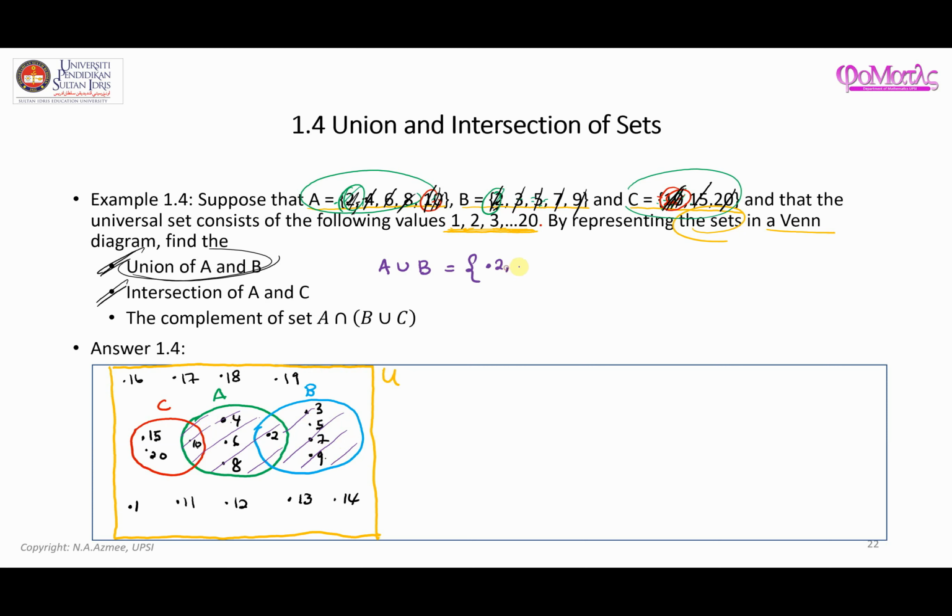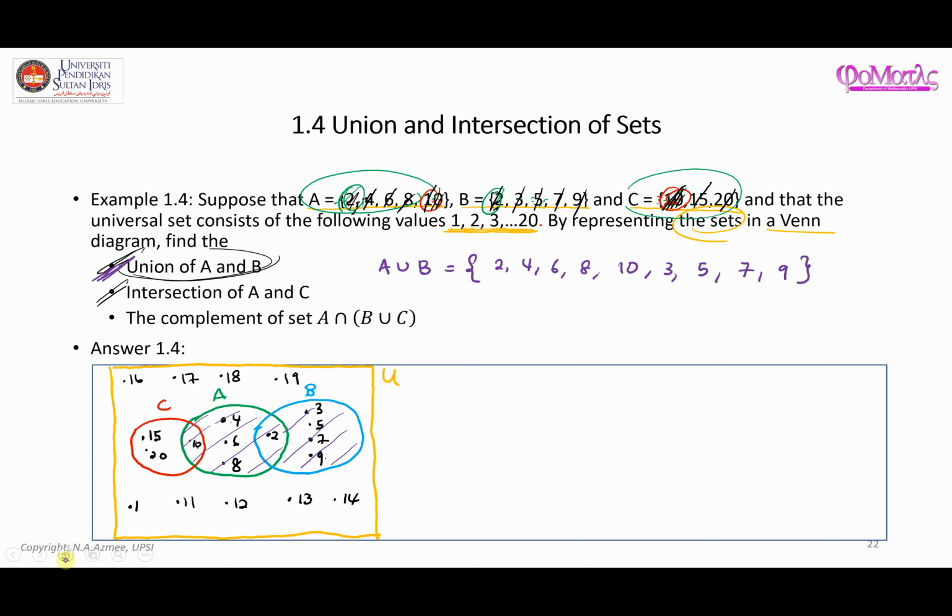It will be 2, 4, 6, 8, 10, 3, 5, 7, 9. So this is the answer to the first question here, the union of A and B.